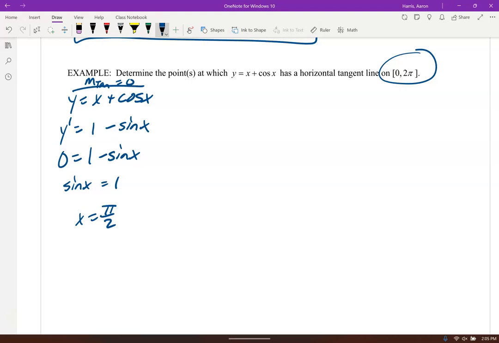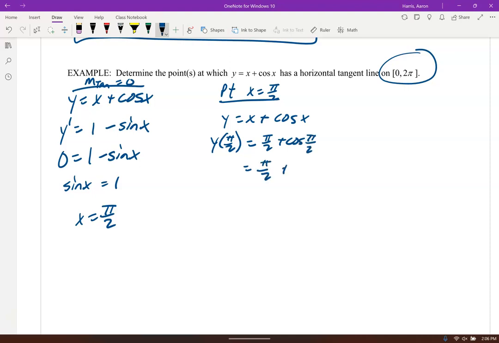In fact, let's take this a little further here. You want the point. So, well, we know that this is the x value for where it happens. Here's my function. So y of pi halves would be pi halves plus cosine pi halves. We know cosine pi halves is 0.